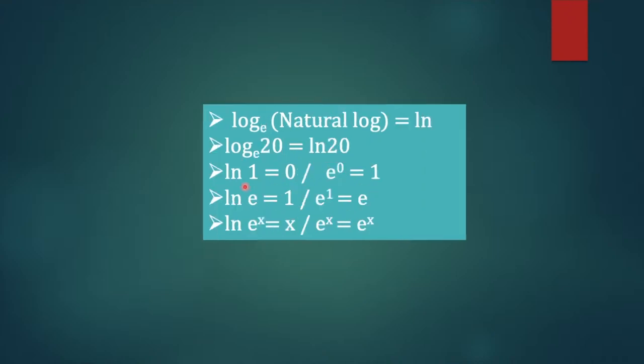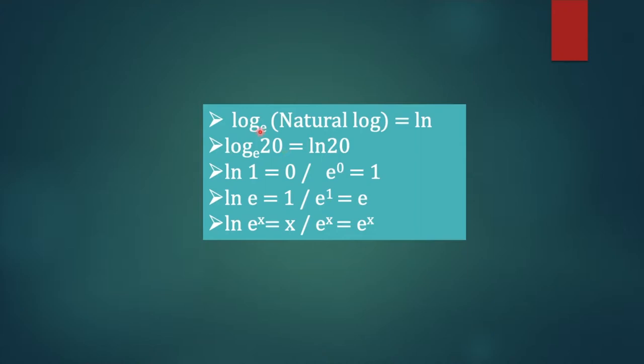There is another logarithmic form where the base is not 10 but e. So log base e is called the natural log, which is also indicated by ln. Log of 20 with base e, we can also write as ln 20.